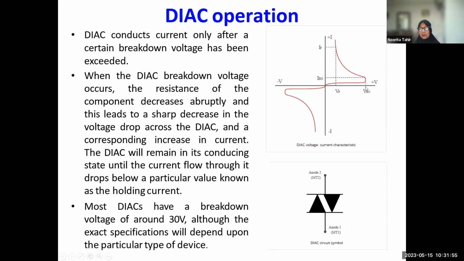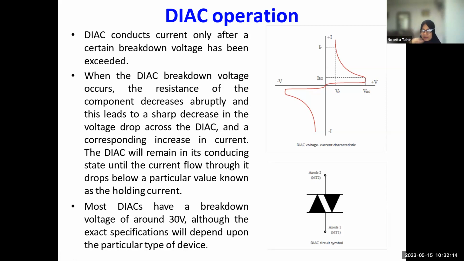And when the current falls below the holding current, the diac switches back to its high resistance, non-conducting state. So diacs are widely used in AC applications, and it is found that the device is reset to its non-conducting state each time the voltage on the cycle falls, so that the current falls below its holding current.